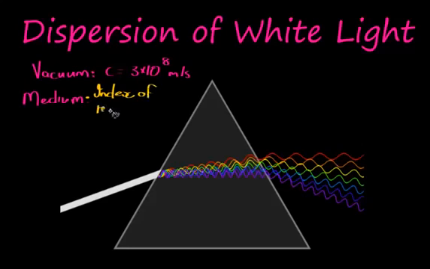The index of refraction is given by the formula n is equal to c divided by v. So what is this all about? Well, don't worry about it, it's not that important. All that you need to know is that velocity in the medium is less than the speed of light.